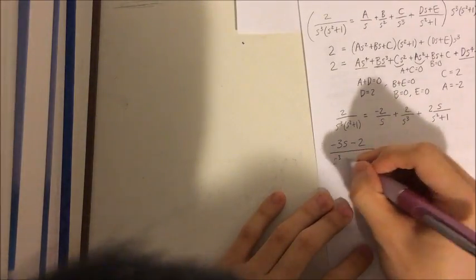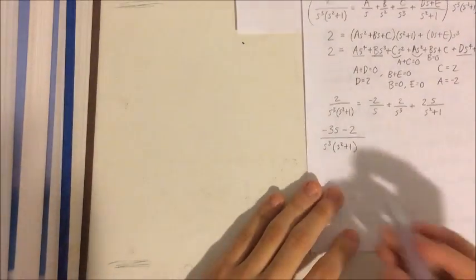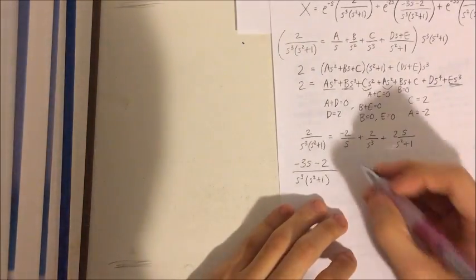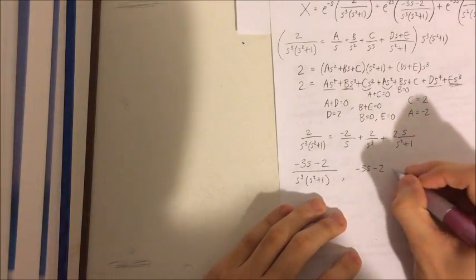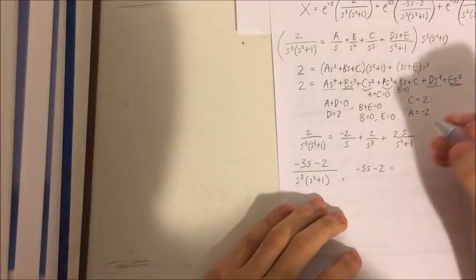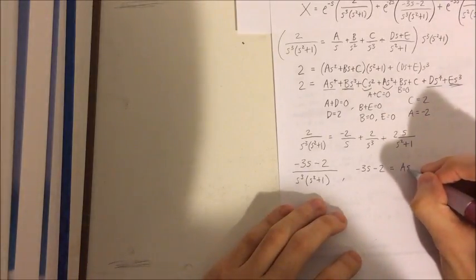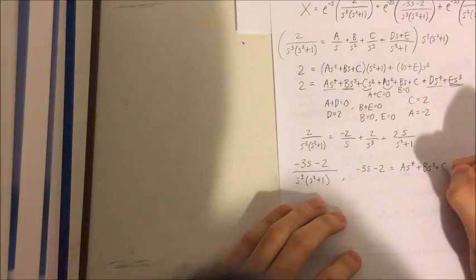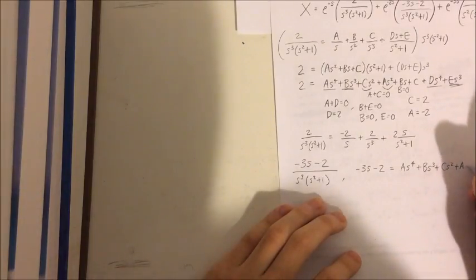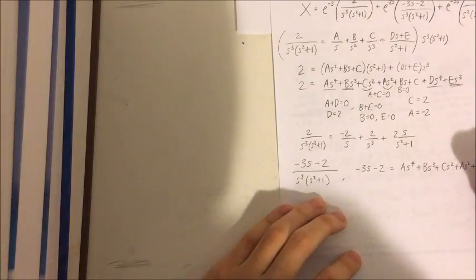Well, let's get to it. We have the same denominator as this one up here, so I'm just going to use a little shortcut. They're the same process. We're going to have the same form anyway, so as to the fourth, bs cubed plus cs squared, as squared plus bs plus c, plus ds to the fourth plus es cubed.